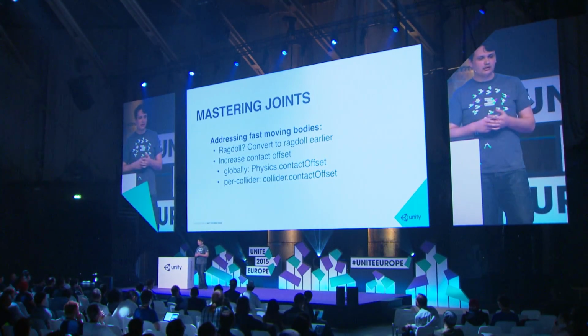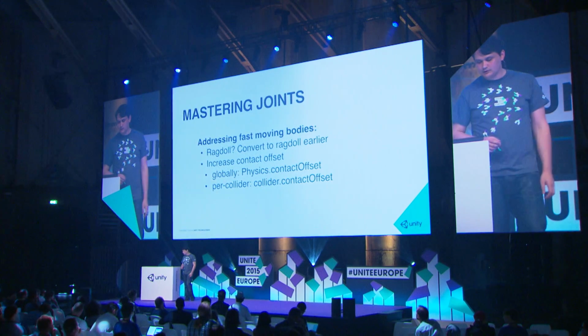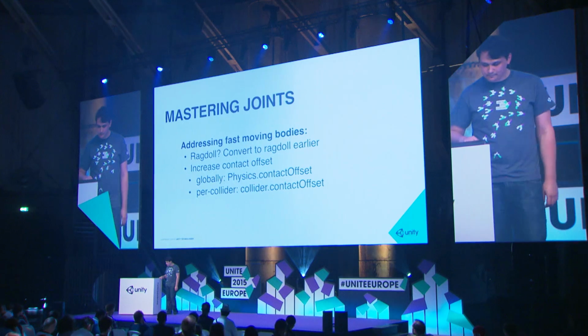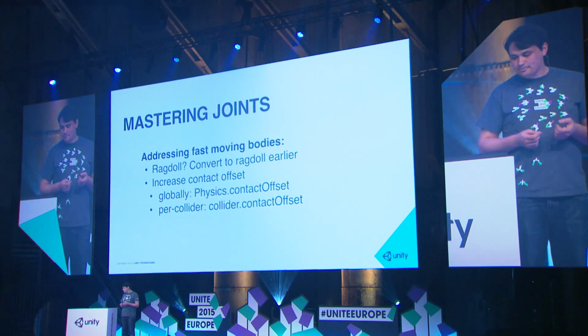So at really high moving speeds, it can become pretty challenging to keep your character in place without joints stretching and flying around. Another thing is to increase the contact offset. The contact offset is the distance when physics starts generating contacts and starts to update them every frame.